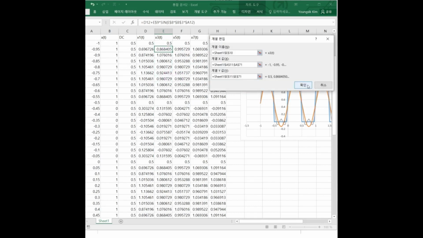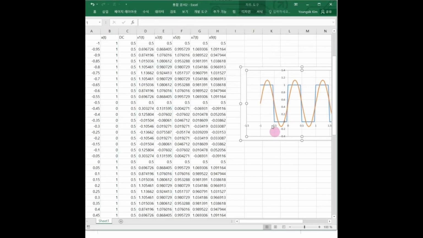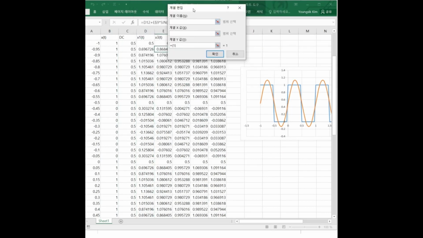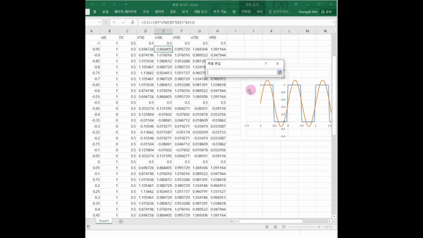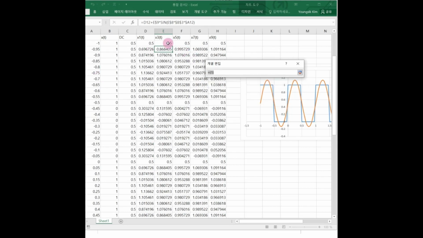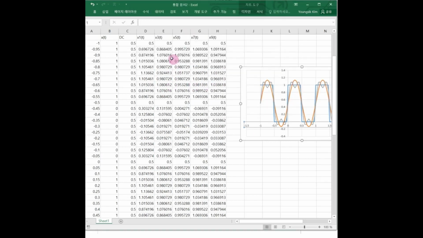Then that's this gray number. Okay, sorry. Yeah, third harmonic. This is the time axis. This is the harmonic index up to 3.